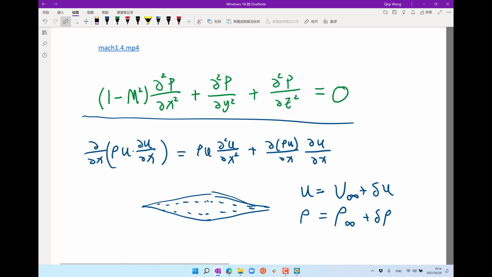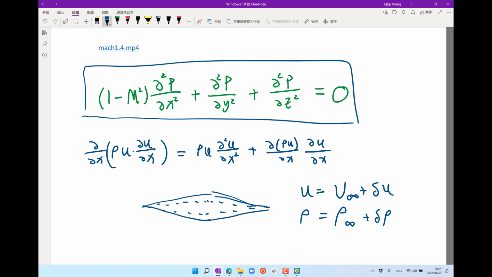Okay, so today we'll spend the entire lecture explaining the significance of this equation, especially on supersonic flows. At subsonic flows, this equation is known in mathematics as an elliptic type partial differential equation. You have second order derivatives, and the sign of all the second order derivatives are of the same sign.